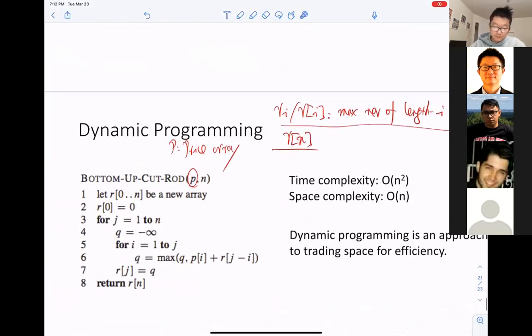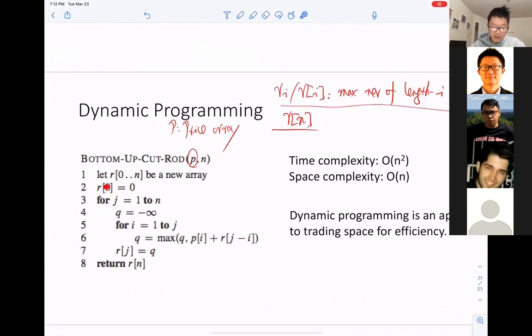And initially we have R0 equal to 0. Why do we have R0 equal to 0?